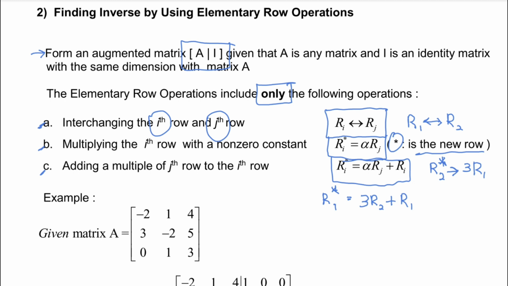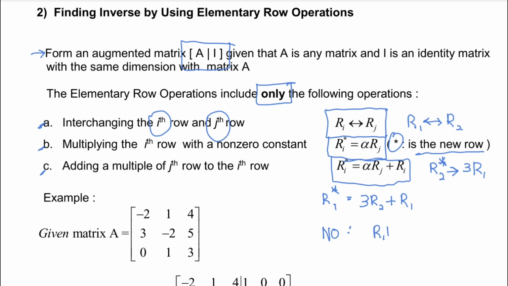Only these 3 operations can be included in the steps of elementary row operations. You must remember that you cannot form it like this.